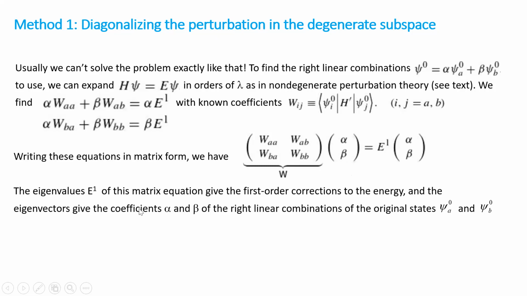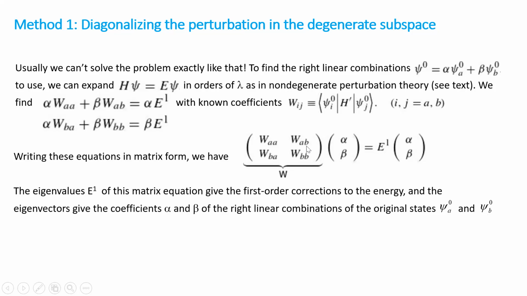And the eigenvectors give the coefficients alpha and beta of the right linear combinations of the original unperturbed states, psi A0 and psi B0.